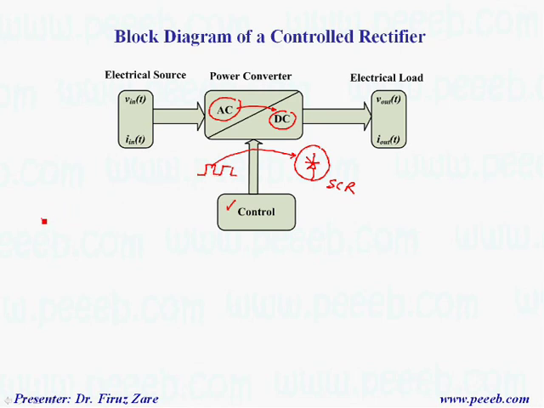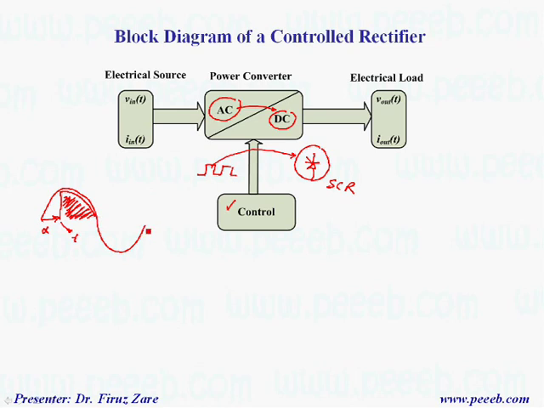Because if we have an AC voltage, we can determine when to turn on the thyristor to provide this voltage across the load. So by changing this firing angle, or by changing this time, we are able to control this area which defines the output voltage.